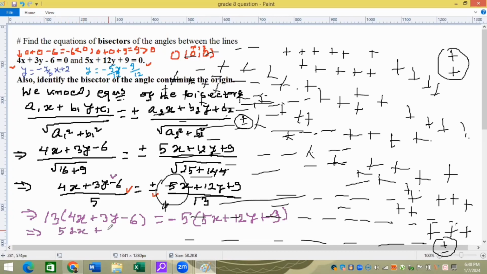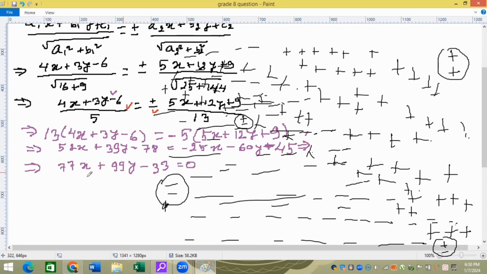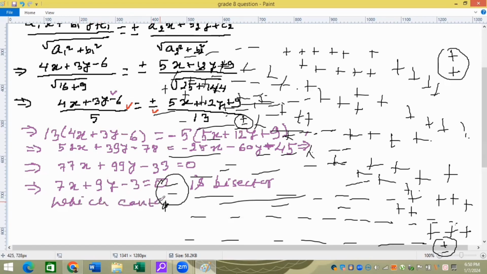plus 3 times y, which is equal to 0, and then take out the 11 common and dissolve that to 0, then it is 7x plus 9y minus 3 equals to 0 is the bisector which contains origin.